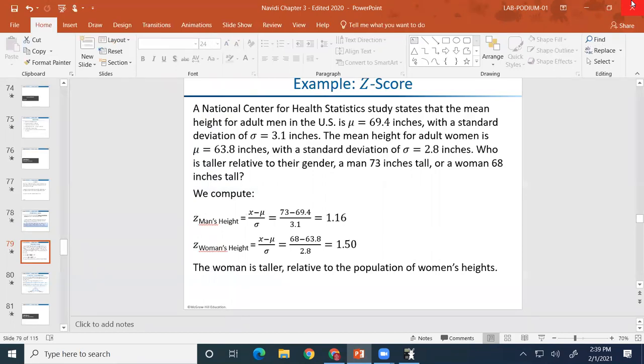So this is 0. So 1 is here, and 2 is here. Then this would be 1.5, and this would be 1.16 around in there somewhere. So what that number of 1.5 tells us is that it's a higher positive number than this one. So this person is taller with respect to their gender.